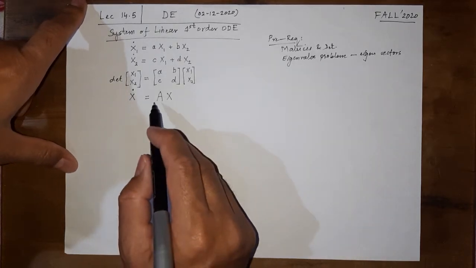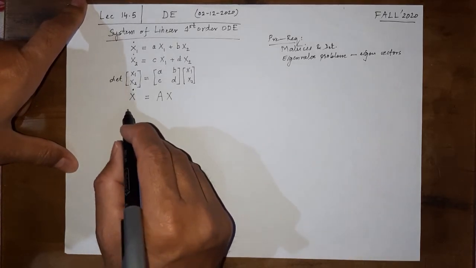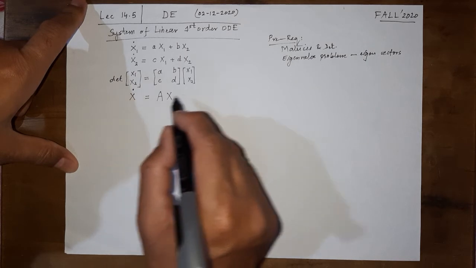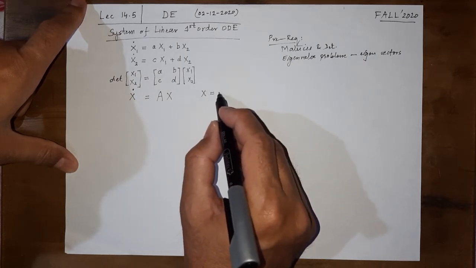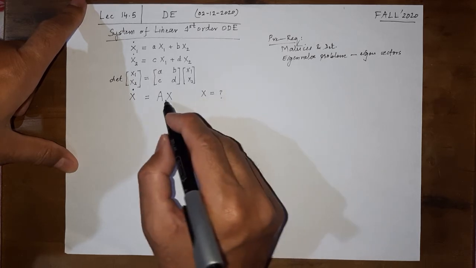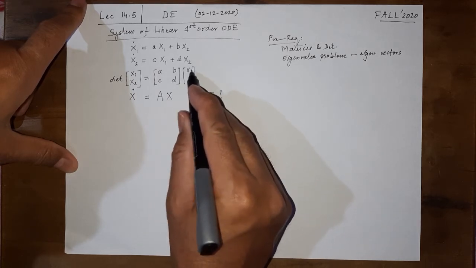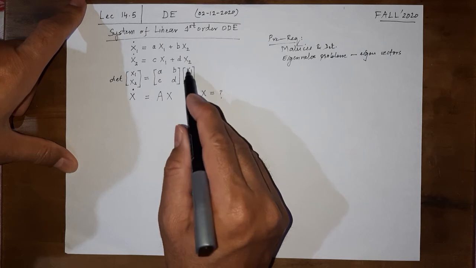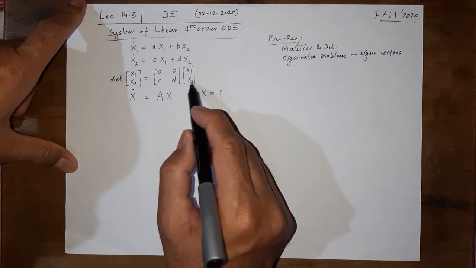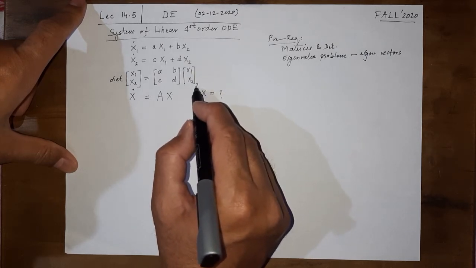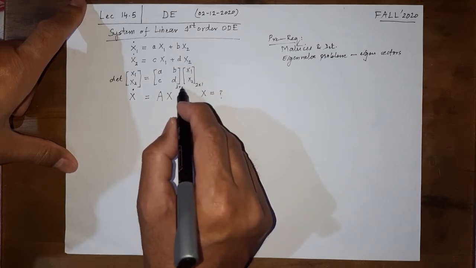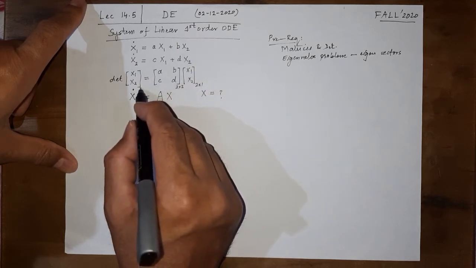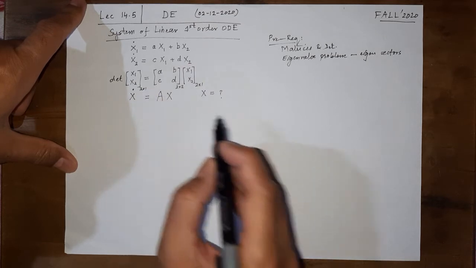The point is, by solution we mean we need to find what this x vector is. X vector obviously is a vector, or 2 by 1 matrix. This is a 2 by 1 column matrix, this is a 2 by 2 square matrix, and this is also a 2 by 1 column matrix.